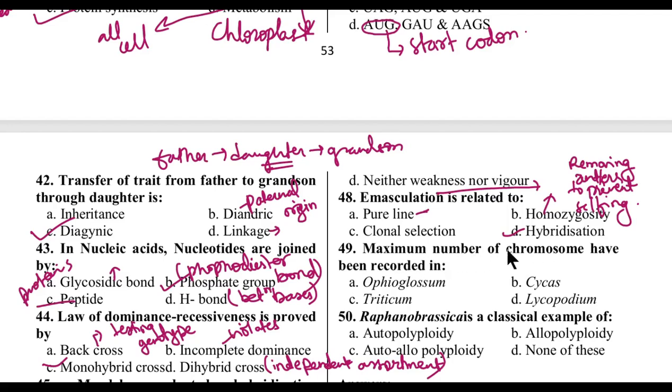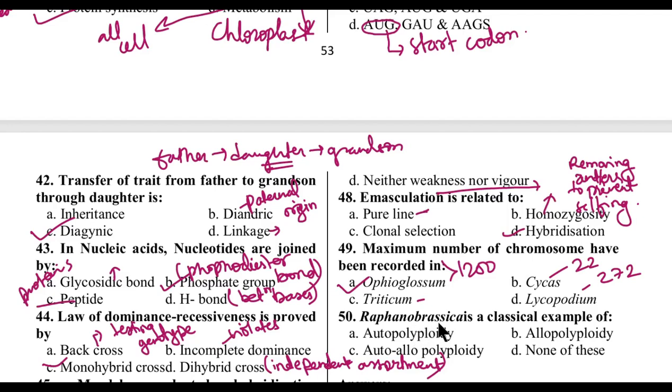And the maximum number of chromosomes has been recorded in, obviously, Ophioglossum, greater than 1200 chromosomes have been recorded. In case of cycas it is 22. In case of Lycopodium it is 272. And it is around 40 to 45.